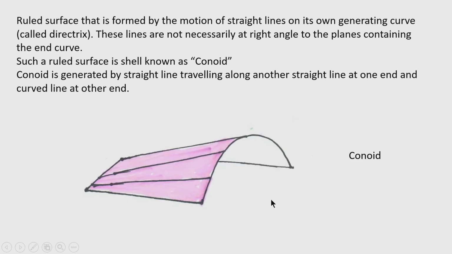A ruled surface is formed by the motion of straight lines on its own generating curve. The generating curve is known as the directrix. These lines are not necessarily at right angles to the planes containing the end curves. There will be one or two end curves for the shell, and the generating straight lines may not be at right angles.